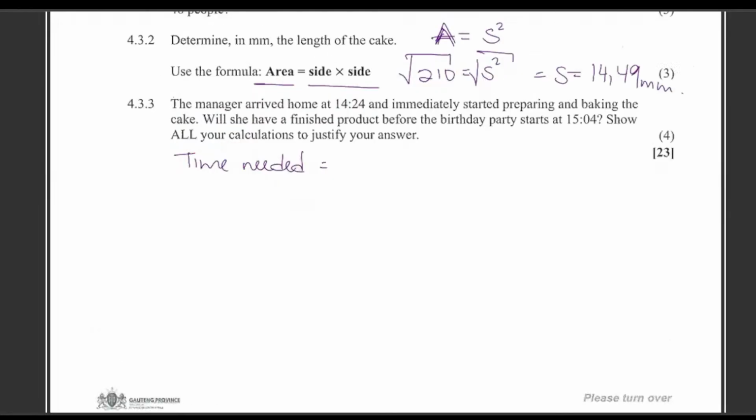So if the person has come in and indeed needs 40 minutes, we add on those 40 minutes. When will the cake be ready? So this is 4, and here becomes 0, because it has turned into another hour. So here we have the answer. How do we conclude?